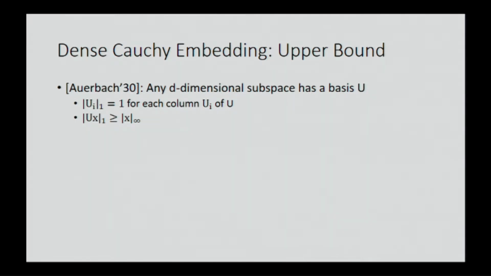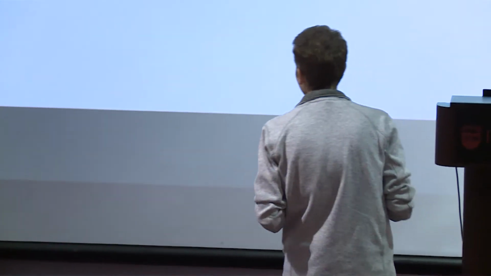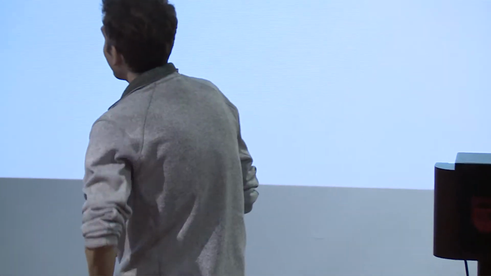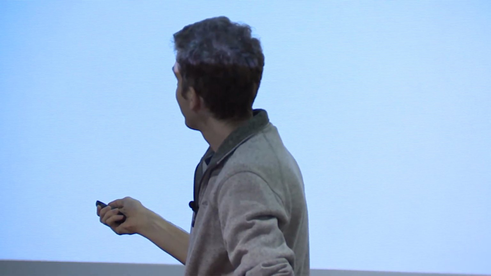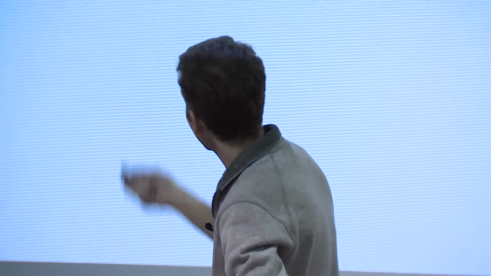Also, for any vector x, the one norm of Ux is at least the infinity norm of x. This is a nice structural condition which you can think of as an analog of orthonormal bases for L2. It's what we have for L1. I'll say more about this later, actually. But every d-dimensional subspace has this.